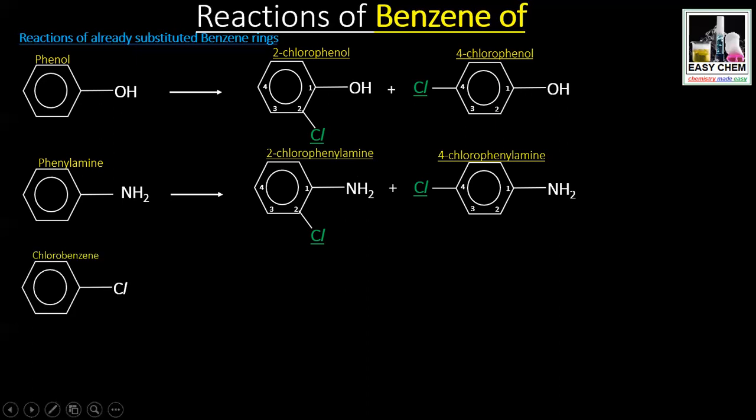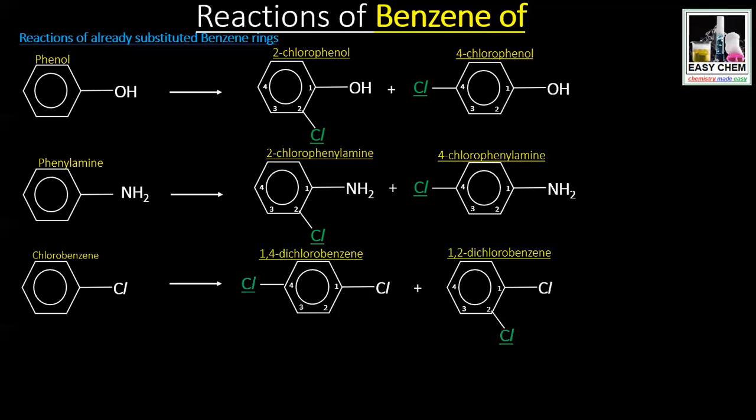So likewise, you get a product mixture in these reactions. But with chlorobenzene, if you do chlorination on chlorobenzene, you get 1,4-dichlorobenzene. I have made a small change over here. In the first 2, I talked about addition of chlorine to the 2nd carbon. So the first one is 2-chlorophenol, the 2nd one is 2-chlorophenylamine.